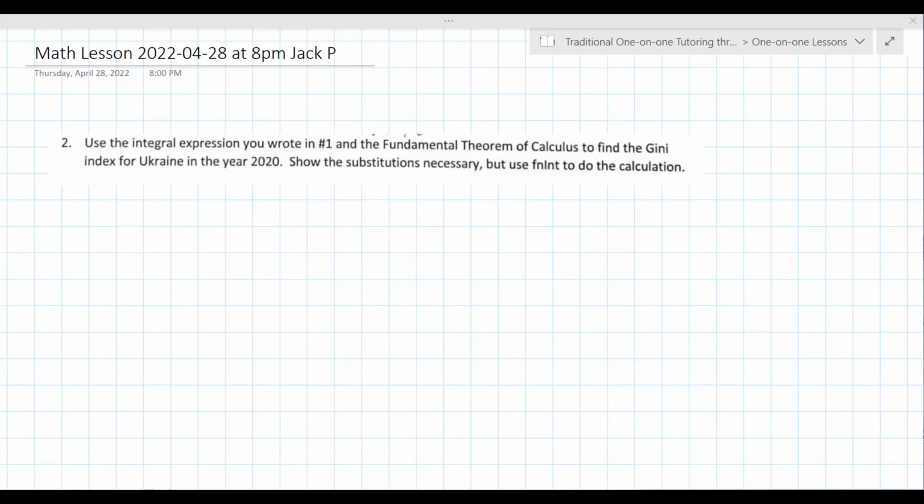Okay, the Gini index is defined to be 2 times the area between the line of perfect equality and the Lorenz curve.